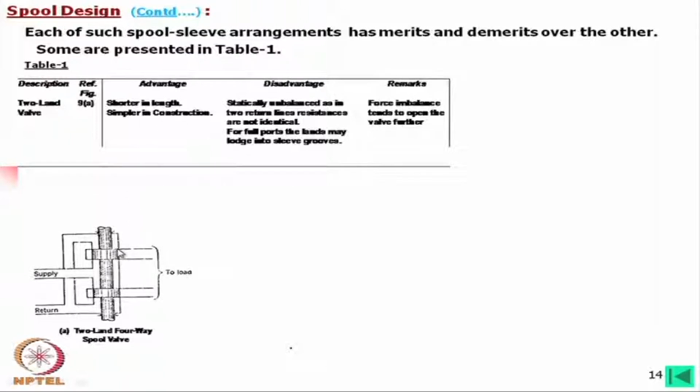So, in that case, for full port, simply this can go inside, and also when it opens, we can see this unbalanced force. Now, the remark is that force imbalance tends to open the valve further in this case. So, stability even at null point is difficult.